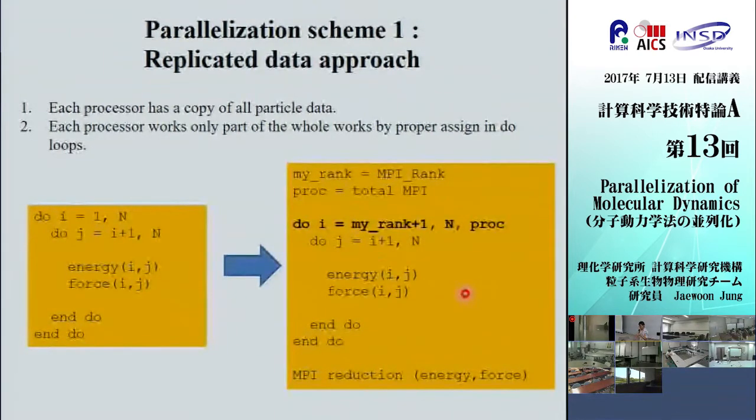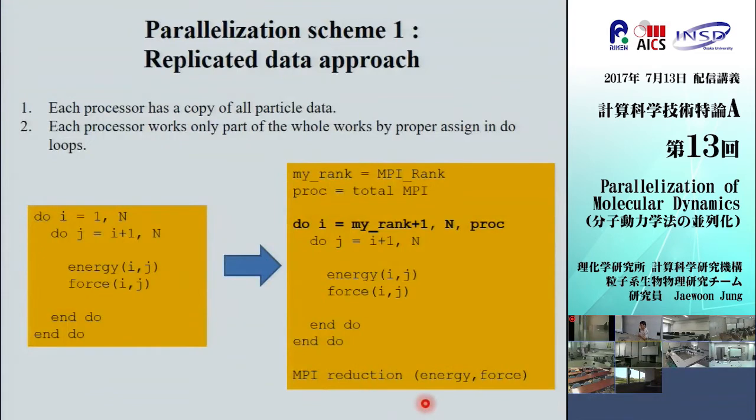But in this case, finally, you need communication using reduction. Each processor has its own energy data and its own force data, and each processor wants to know the global data. In this case, definitely you need this reduction procedure.